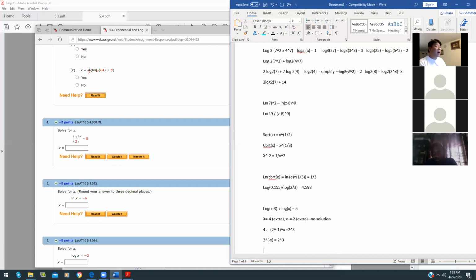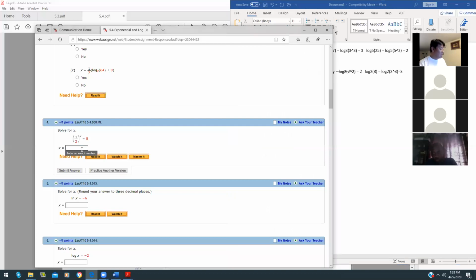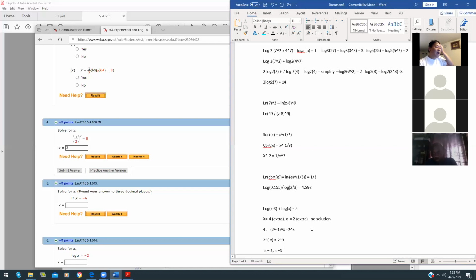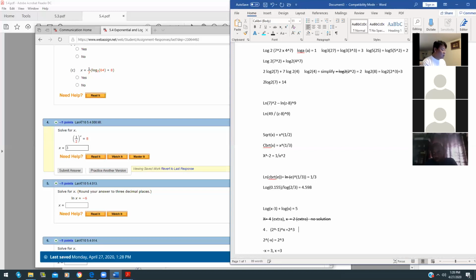Your base is the same. So once you get your base the same, your power also has to be the same. So your answer in this case will be 3.